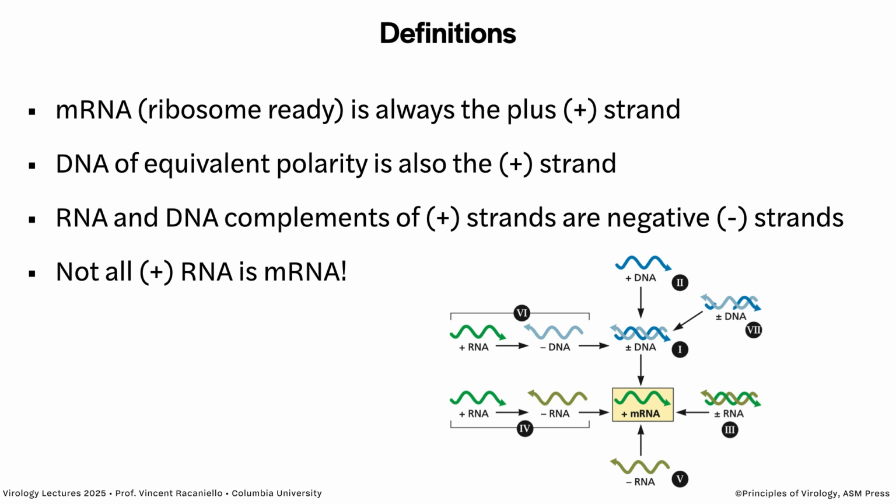So the same polarity as message in DNA is plus strand. And the complements are called negative strands, just to show that they are complementary. And another thing you should remember is that not all plus RNA is actually messenger RNA. It's not always translated. We'll see some examples of that today.